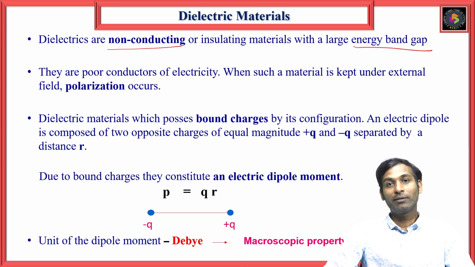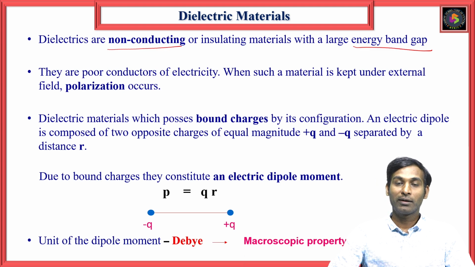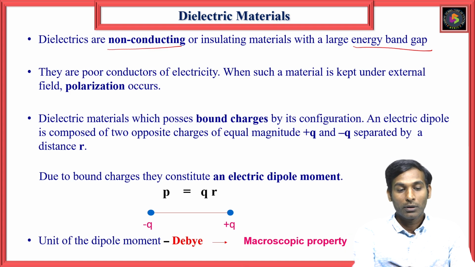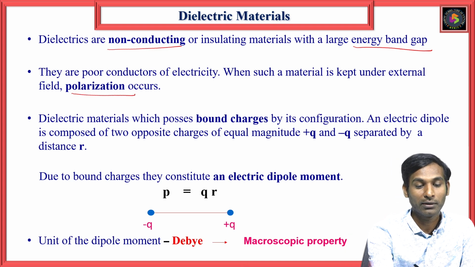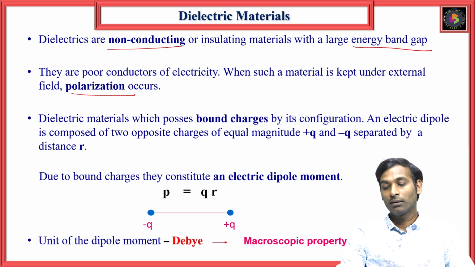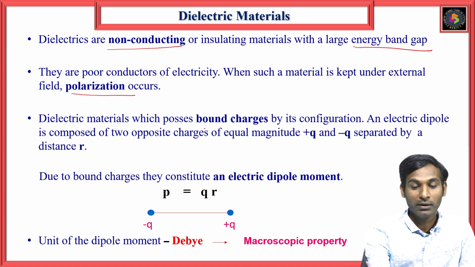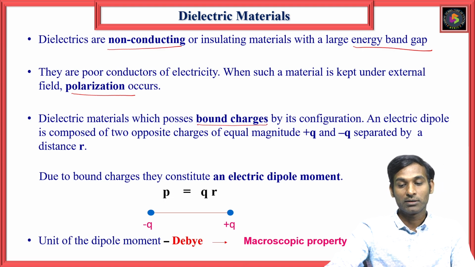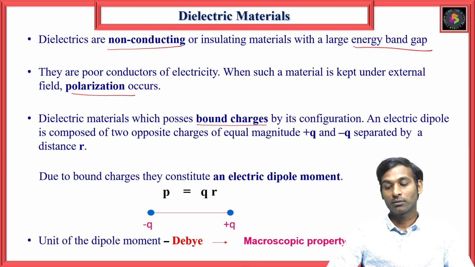When such material is kept under an external electric field, polarization will take place. Polarization is one of the important key aspects of dielectric material. Because it is a poor conductor, dielectric material possesses bound charges by its configuration.